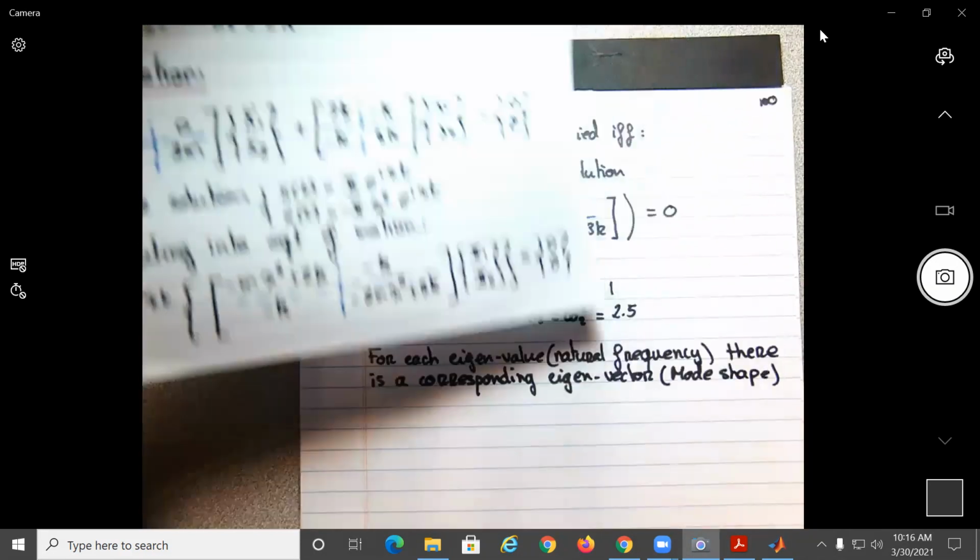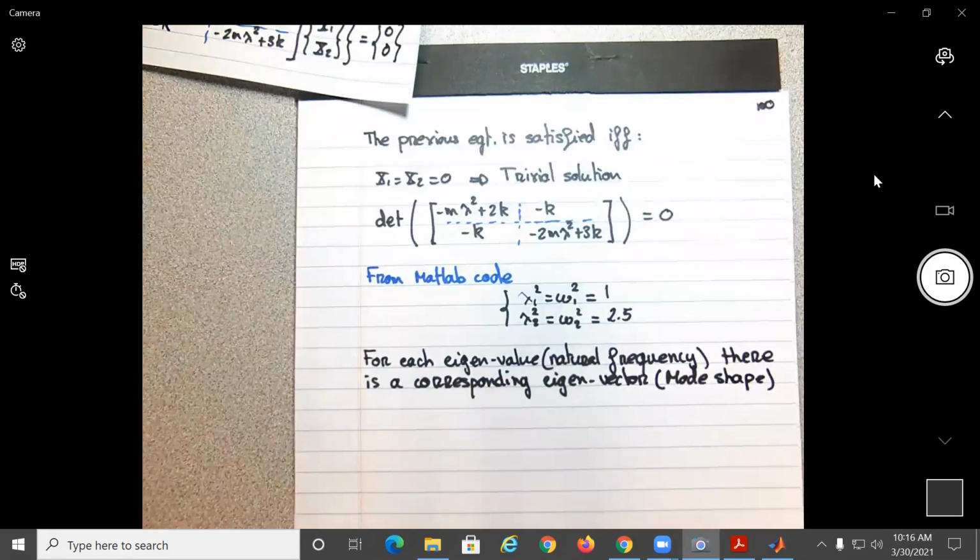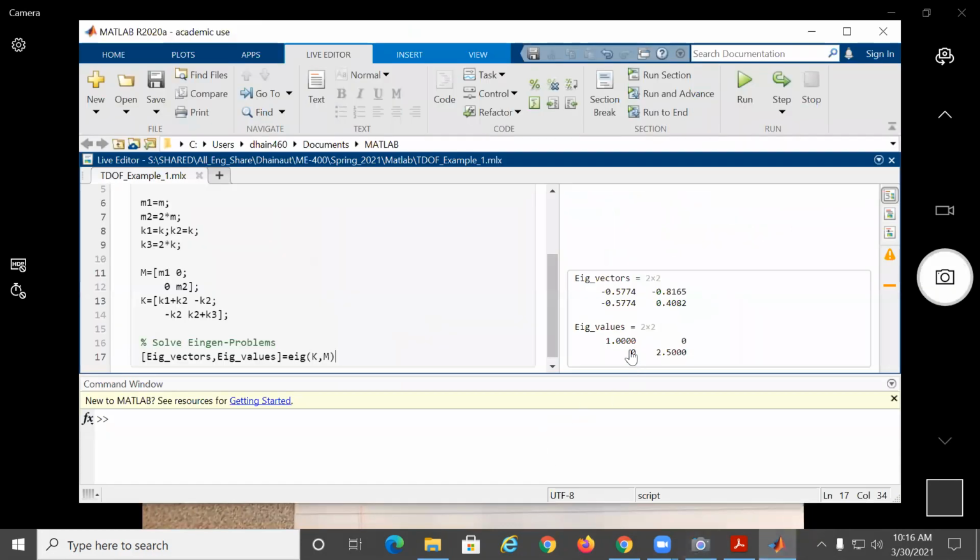Okay? So in MATLAB, now we look at the MATLAB output, this first, so this is the eigenvalue. Here, the first column corresponds to the eigenvector for this eigenvalue. And now this second column of the eigenvector matrix corresponds to the eigenvector for this eigenvalue. Okay?